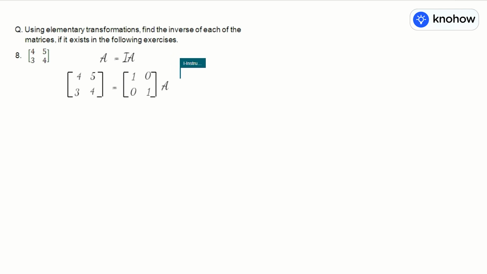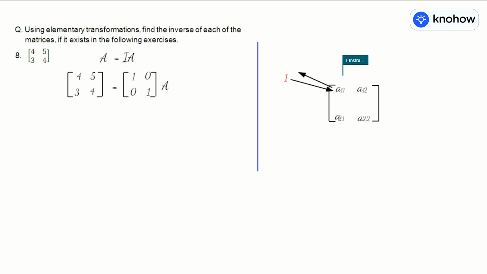Now before I proceed further with the elementary row transformation, let me revise with you the steps I am going to take. If A is in general A11, A12, A21, A22, then in step 1, we reduce this A11 to 1. Then step 2, we will make this A21 as 0.